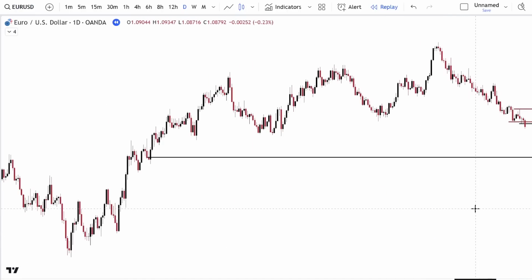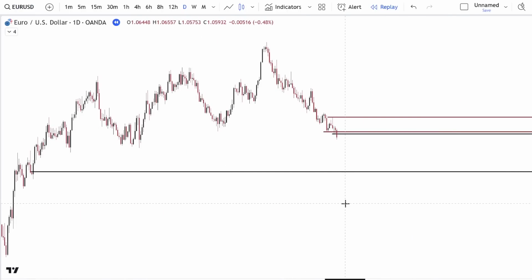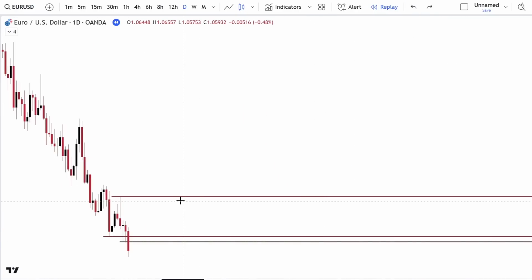So now you have your bias, your trend confirmed all the way until here, unless there is another range formed. So unless there is another clear range formed, and then you'll start looking for another confirmation. But until then, your target is right here. And your trend is confirmed.